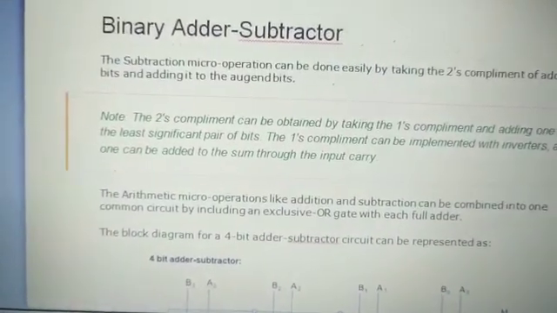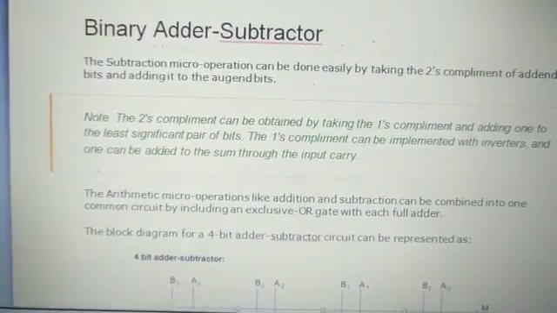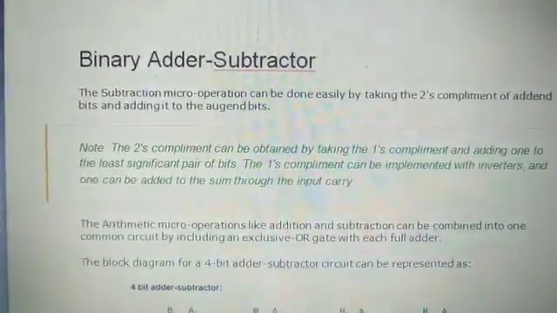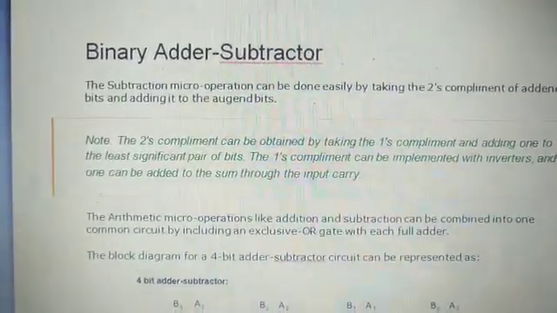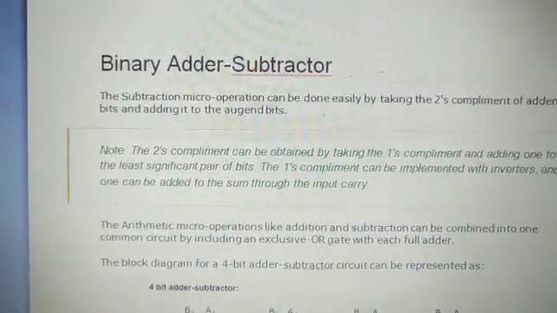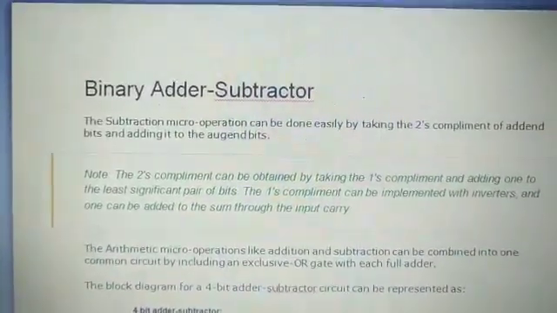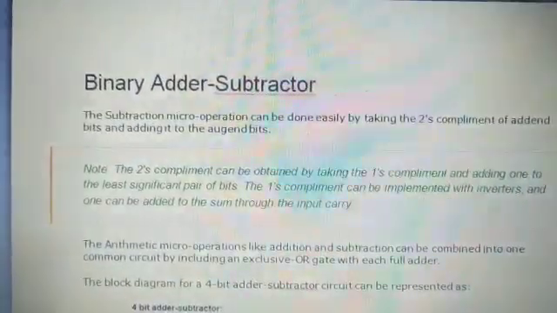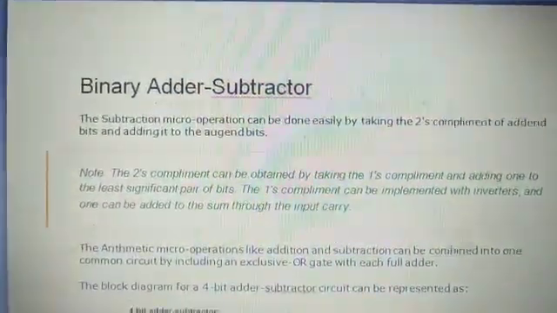For that reason we will require three components. The first component is the full adder circuit, then one XOR gate, and one control line. Using the full adder we are actually adding. But what is the use of the exclusive OR gate?